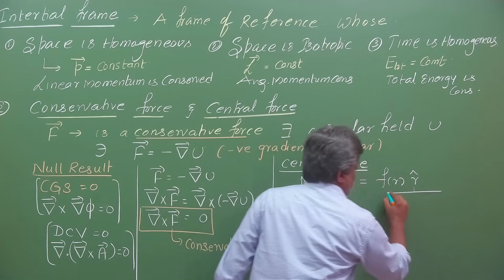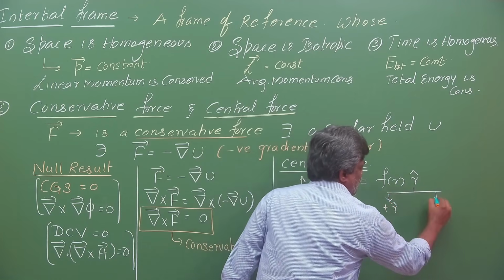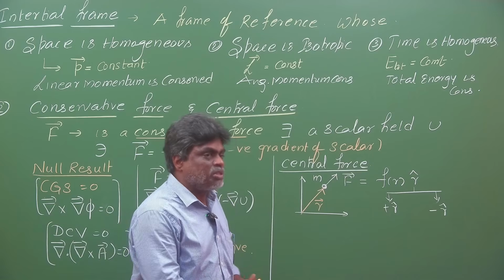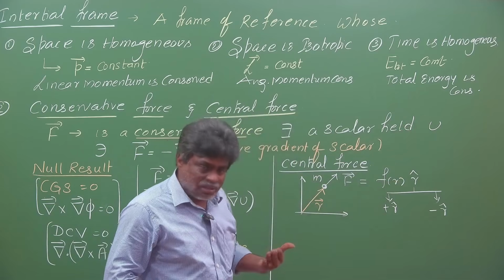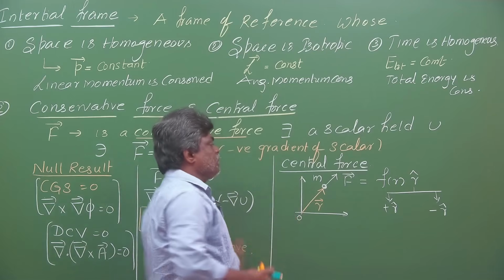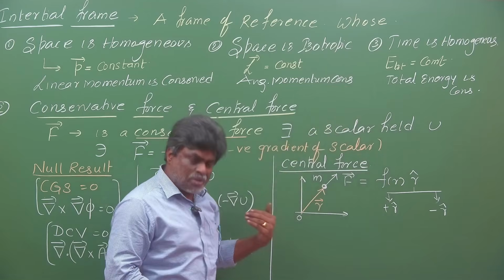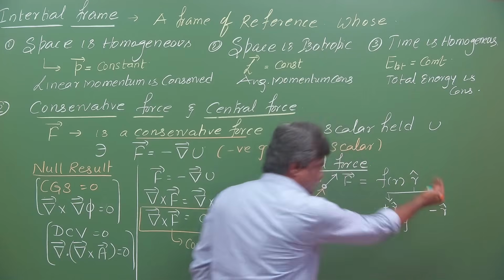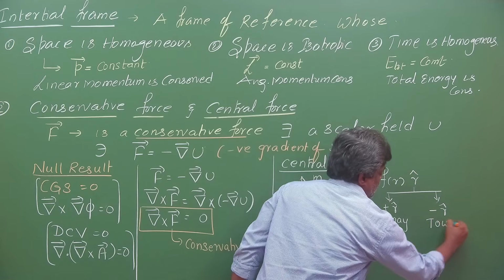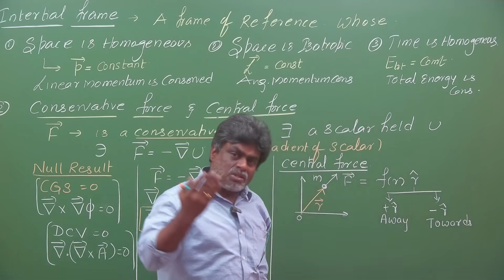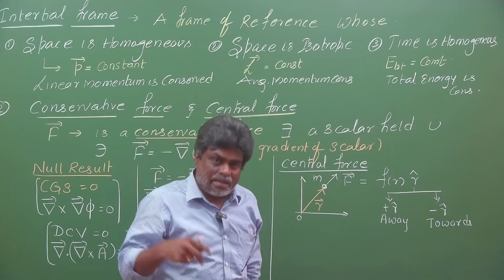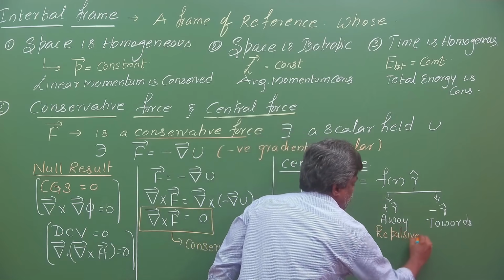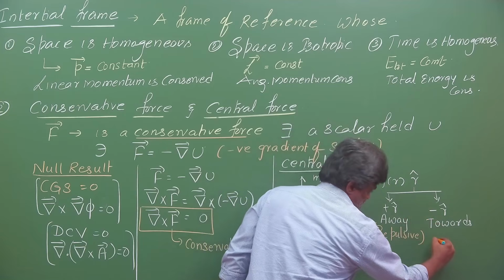But this R cap may be positive or negative. Positive R cap means away from the origin, which is repulsive nature. Negative means towards the origin, which is attractive.